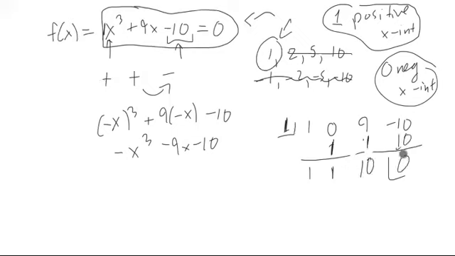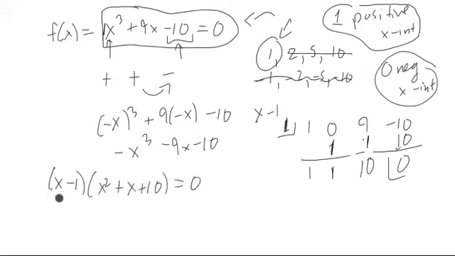Oh my goodness, we got it. That's awesome. Man, we even see how this factors. So we get the divisor will be x minus 1 multiplied by that quotient. So this actually factors as x minus 1 times x squared plus x plus 10.